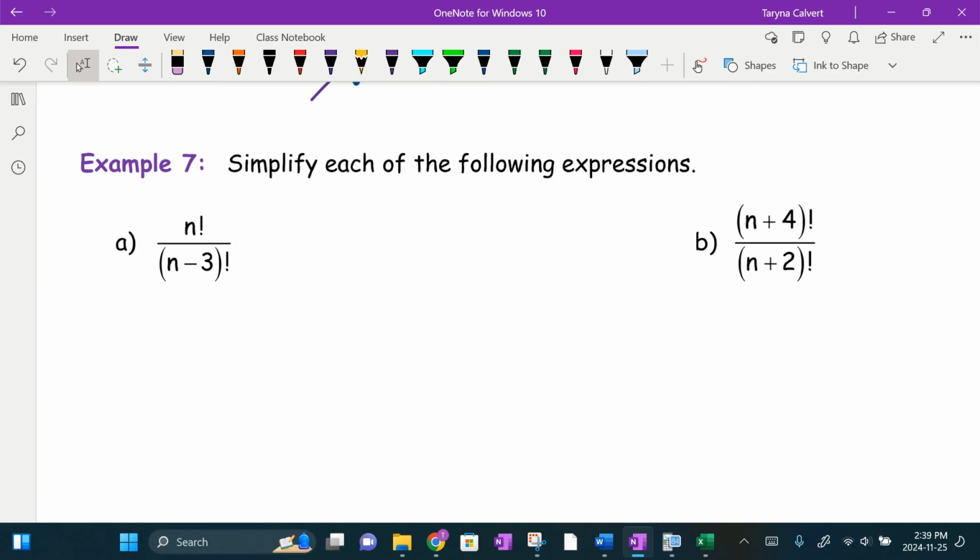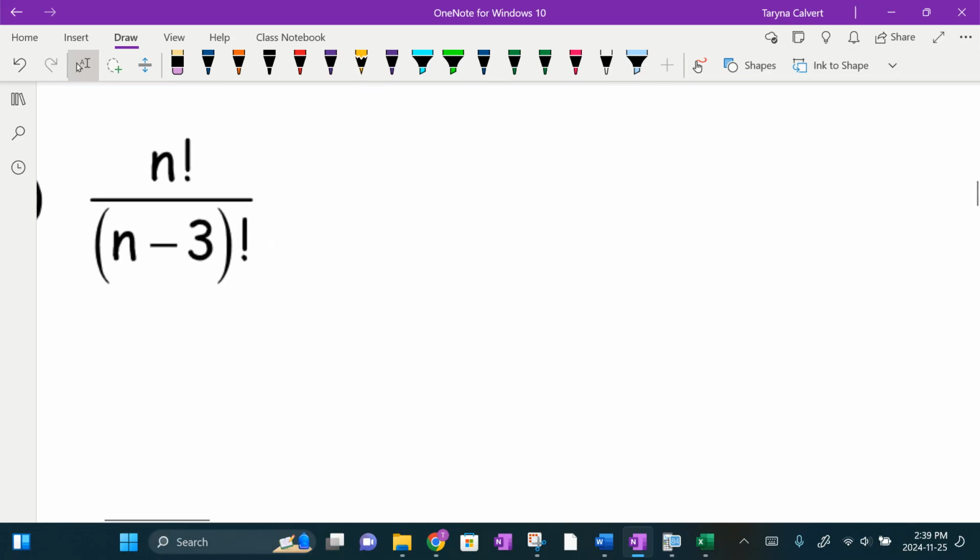So here you guys have to look at this and go, okay, I have to subtract 1. So am I expanding the top or am I expanding the bottom? The top. Because if I expand the bottom, guys, what's the next one? N minus 4. The next one is n minus 5. Is the bottom ever going to get to the top? No. Okay. So I have to expand the top. So we start on the piece that it's at. So if I expand the top, the first one is a what?